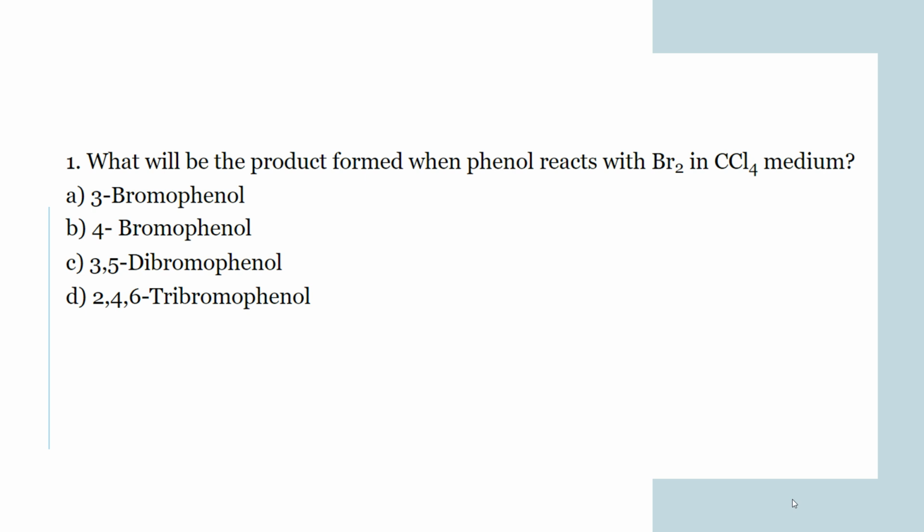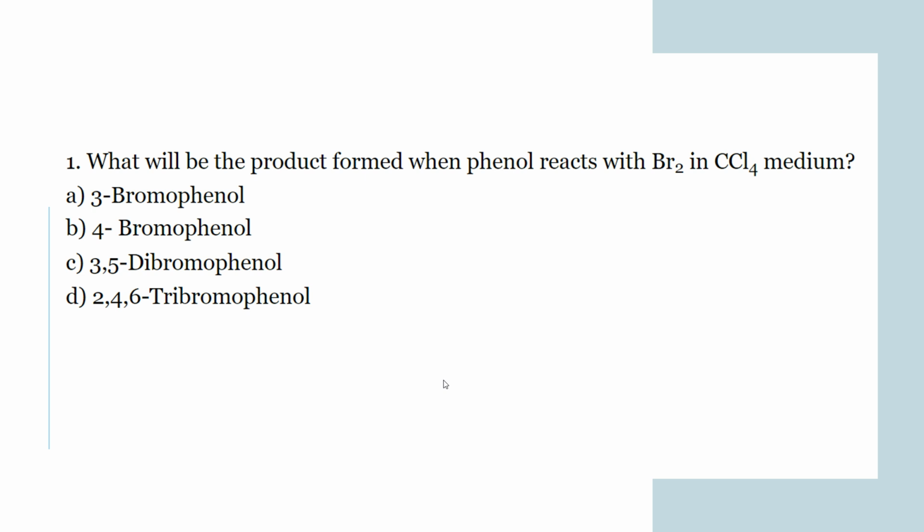So the first question of today's tutorial is, what will be the product formed when phenol reacts with bromine in carbon tetrachloride medium? You are given four options: 3-bromophenol, 4-bromophenol, 3,5-dibromophenol and 2,4,6-tribromophenol.